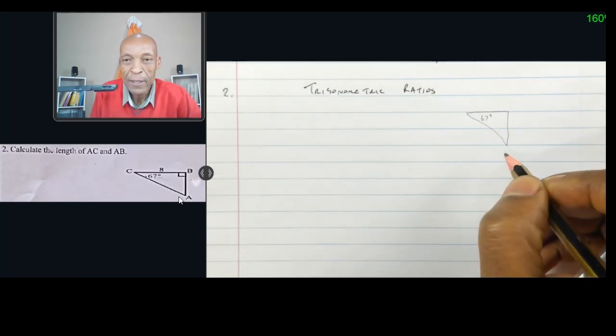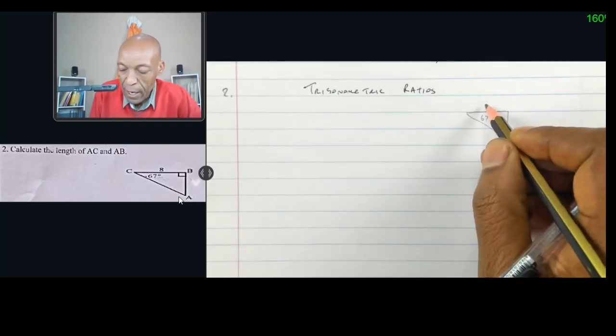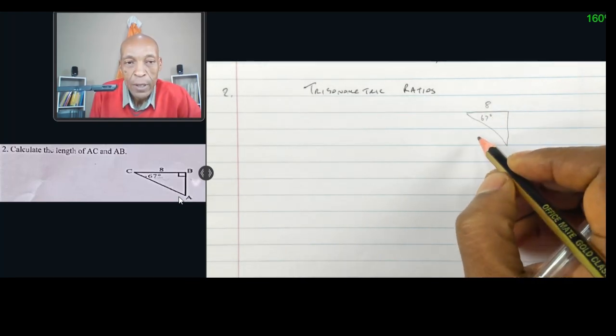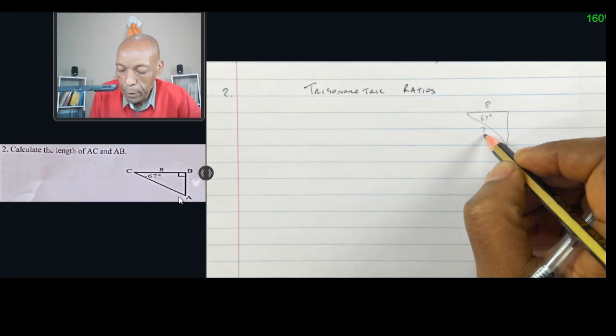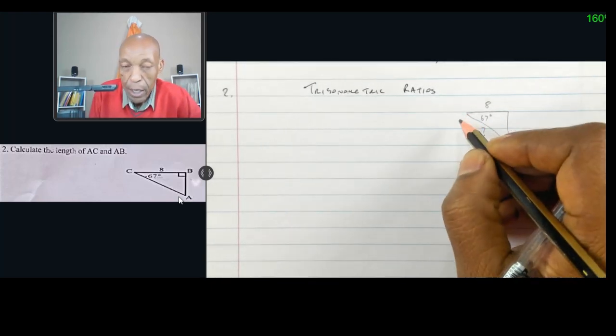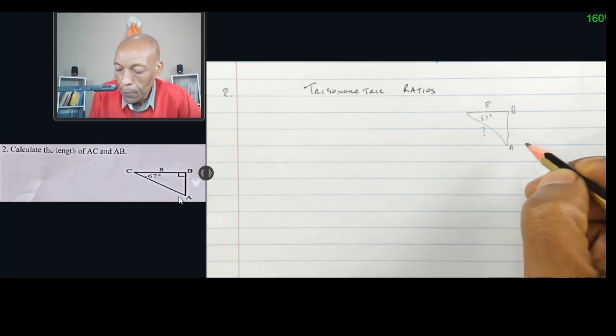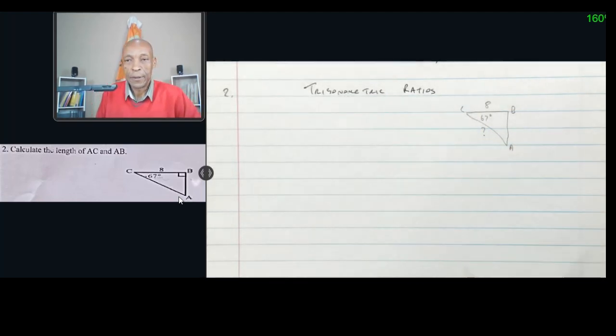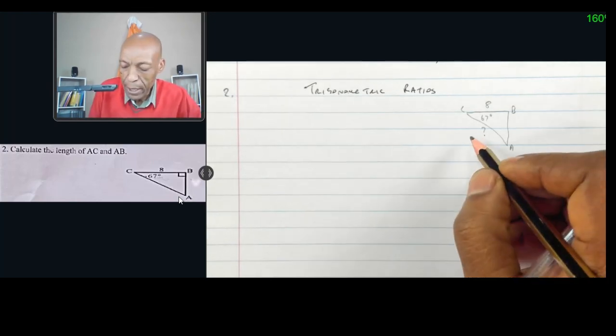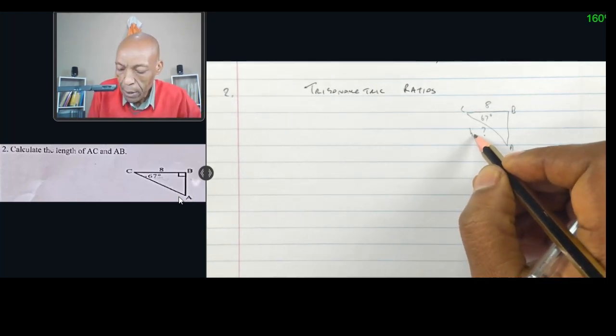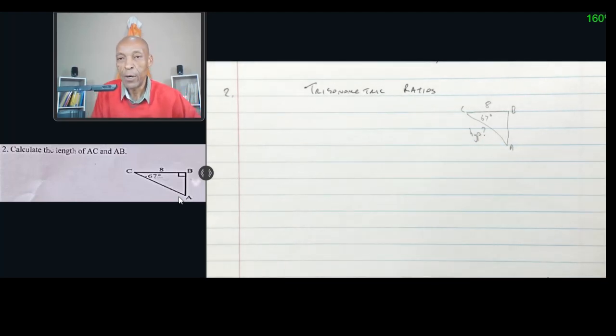So if I have a 67 there, and I have an 8 there, and I'm looking for this one. So how do I make sense of this picture? I am going to say, right, what is it that I'm looking for? It is my hypotenuse. It is the longest side.